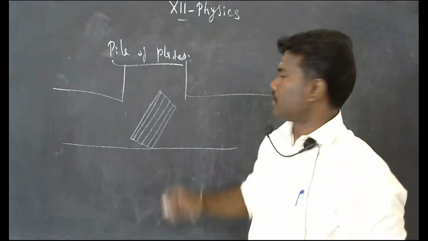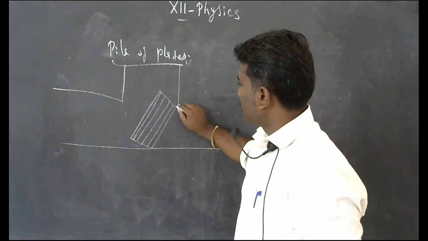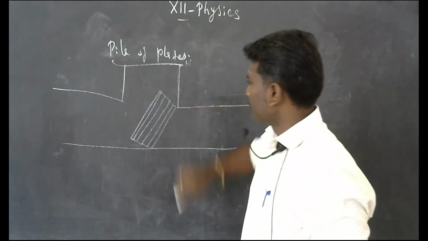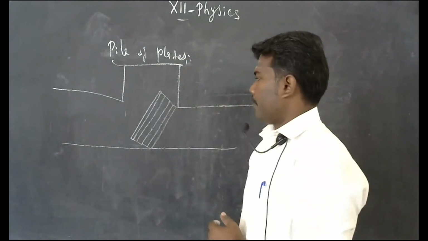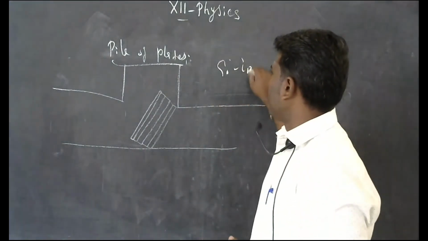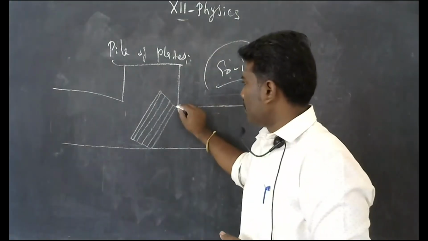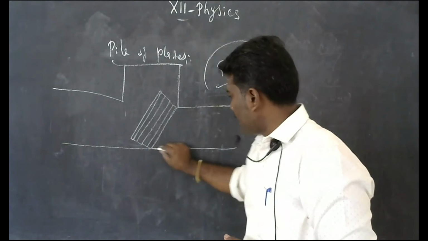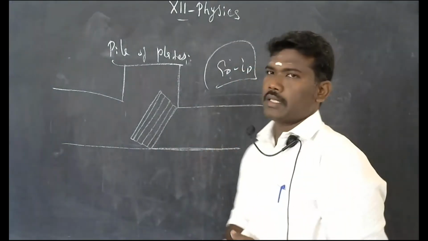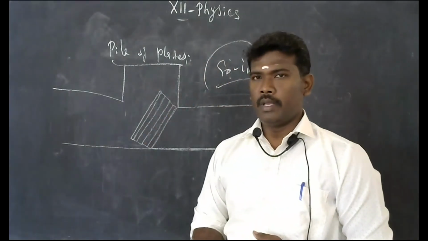Instead of one glass plate, we arrange different transparent glass plates one over another. Each is inclined at a particular angle, 90 minus IP. This is the angle between the glass plate and the horizontal surface of the tube. All the plates are arranged at inclined angles of 90 minus IP.